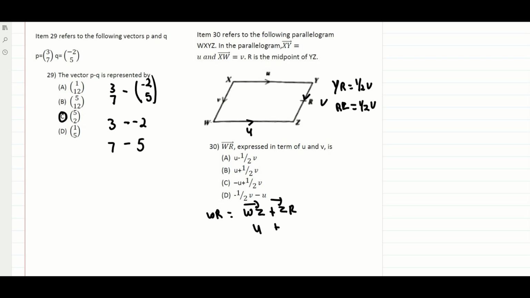And then, I already said this, rz is a half v, but we don't want rz, we want the opposite direction. So the opposite direction will basically be minus 1 multiplied by a half v, which is u minus a half v. Alright? So that is A. A would be your answer for this question.